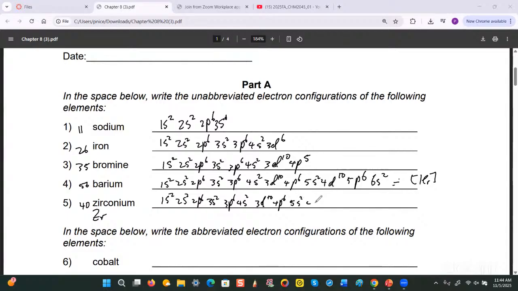And therefore 4d2, that would be 40. Let me check and make sure. So that's 10, 20, 30, 36, 38, and 40. That would be the electronic configuration of zirconium. Any questions about this?